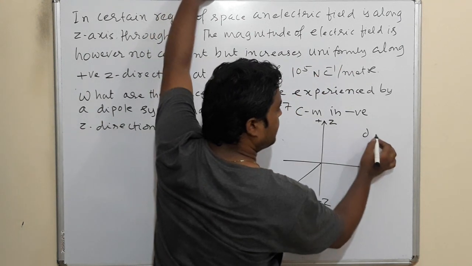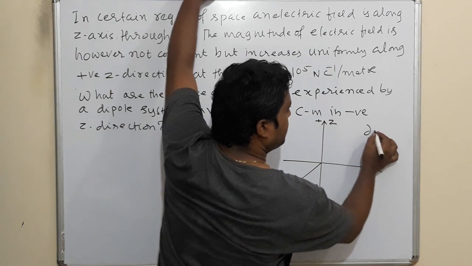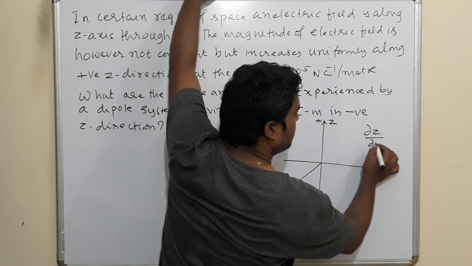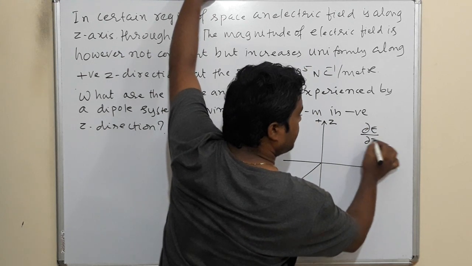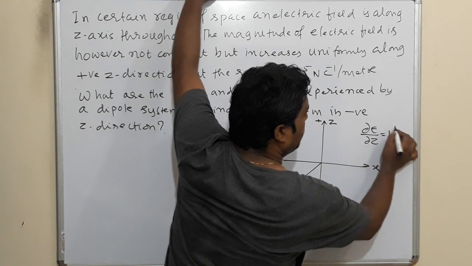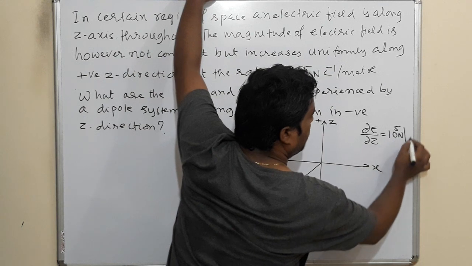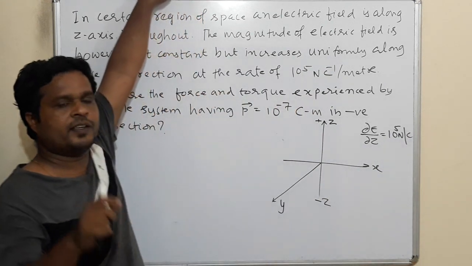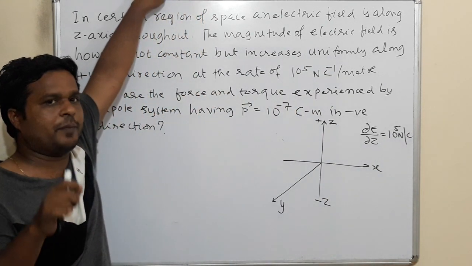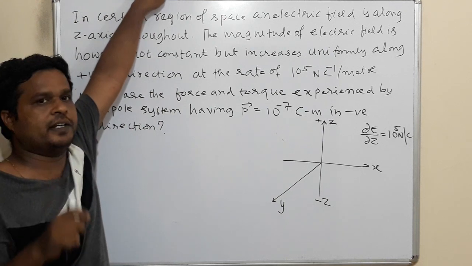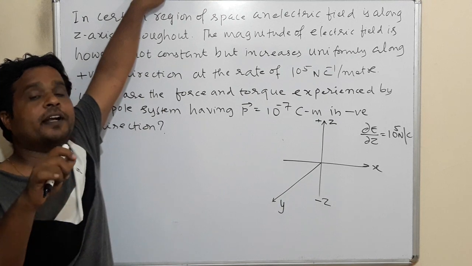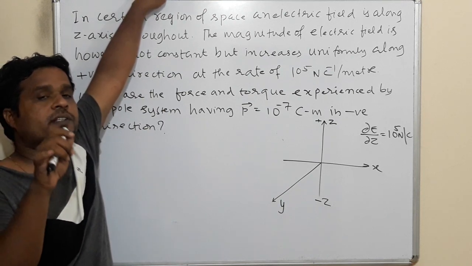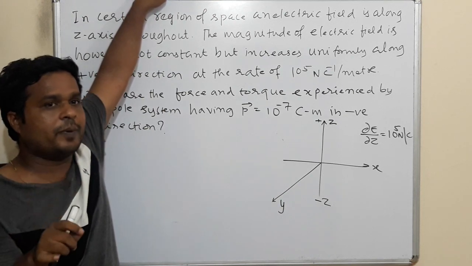This I can write as dE by dz is equal to 10 raised to 5 Newton per coulomb. If mass is changing with respect to time, I will write dm by dt. If velocity is changing with respect to time, we will take dv by dt. If velocity is changing with distance, I will write dv by dx.